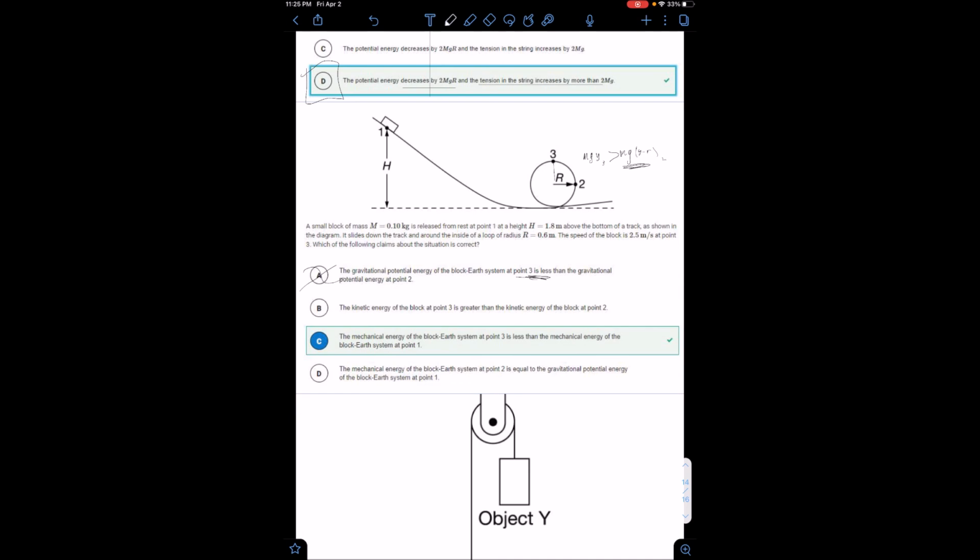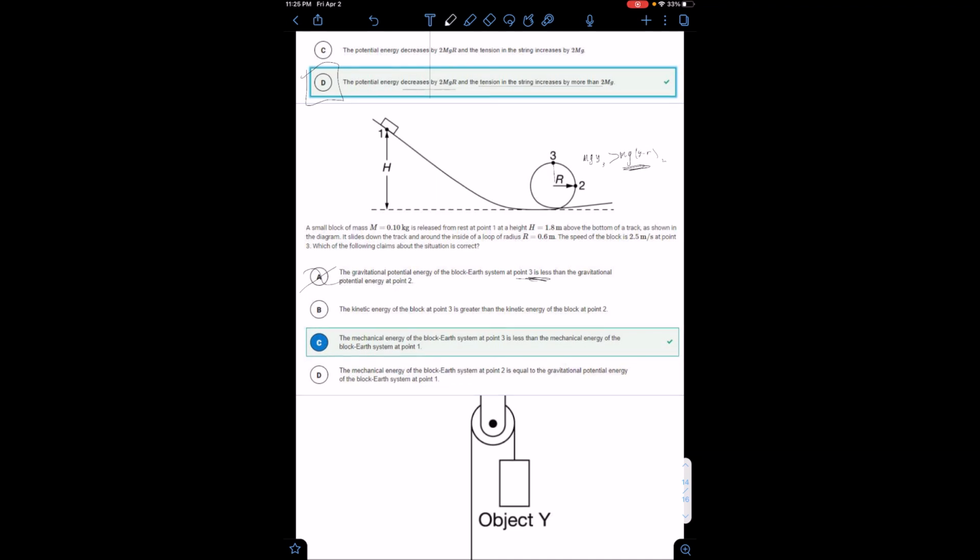The kinetic energy of the block at point 3 is greater than the kinetic energy of the block at point 2. Well, we already know that the mechanical energy is conserved if we were to just think about this system. And so we already noted that the gravitational potential energy is greater here. So that would mean that the kinetic energy is less at point 3 than it is at point 2. And so that is the exact opposite of what this says.